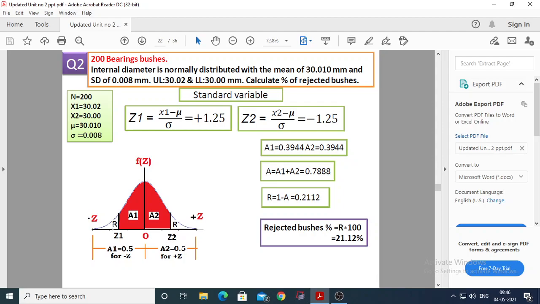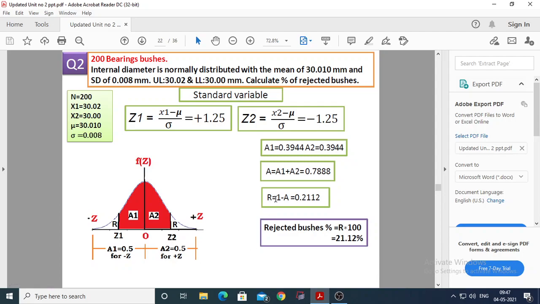Remember that, always 1. That's why I have shown area 1 is equal to 0.5 and area 2 is equal to 0.5. This is the total area. From that total area, minus the accepted area, then automatically you will get the rejected area.